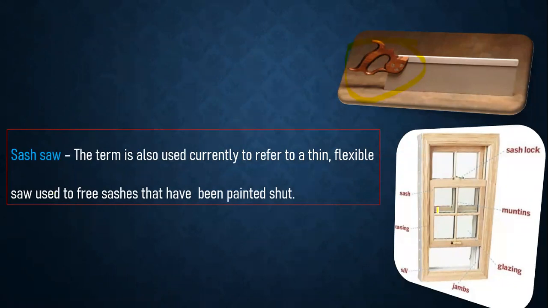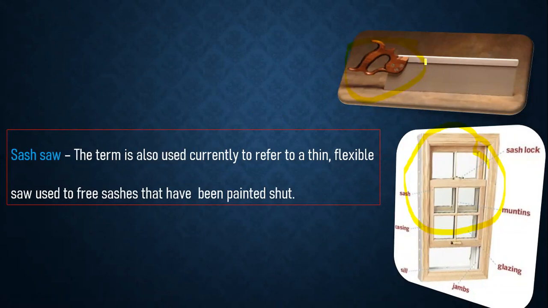When this kind of window, the joints you see there are referred to as sash. When the sash is painted, sometimes you want to do some cuts. The tenon saw itself is too big for that job. So we have a smaller version of it that can cut any piece here that we want to remove. That is where the sash saw comes in.